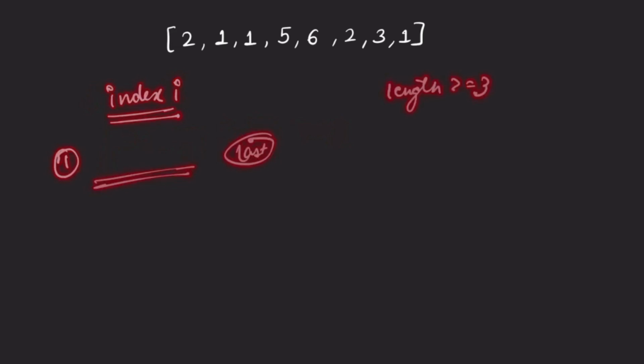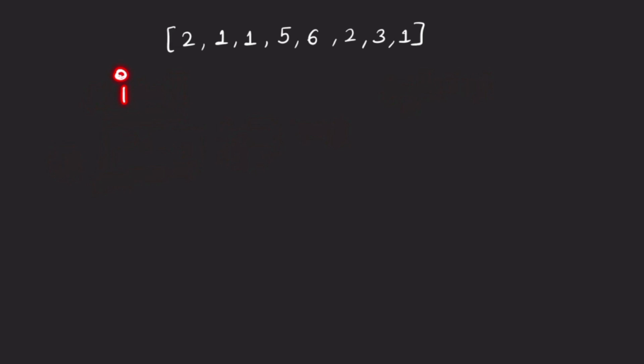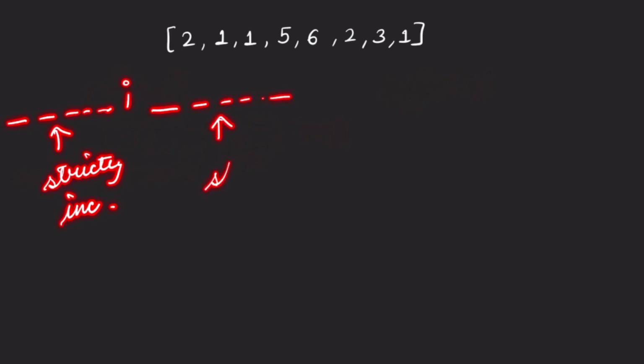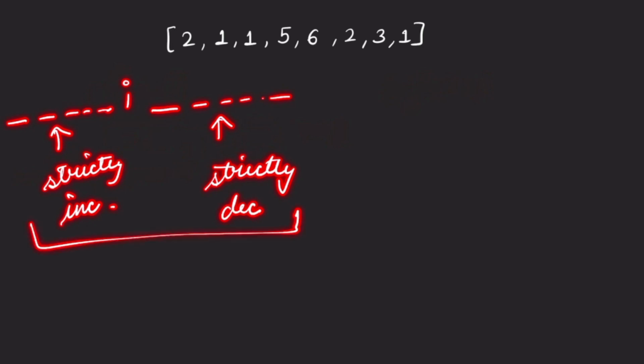So there should be some index i between the first and the last element, such that all the elements to the left of this index are in strictly increasing order and all the elements to the right of it are strictly decreasing. If this condition holds, then this i is the peak element and this forms a mountain array.